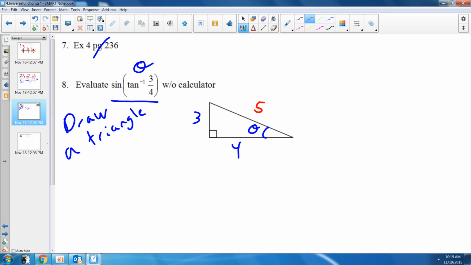It's a 3, 4, 5 triangle, and now you're just finding the sine of theta. The sine of theta is just going to be 3 over 5, opposite over hypotenuse. So you're setting up a triangle and just using SOHCAHTOA in these problems. They're fast, they're quick, just get the triangle down and put the information in.